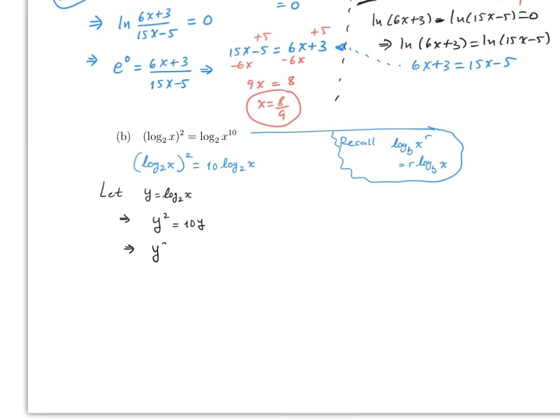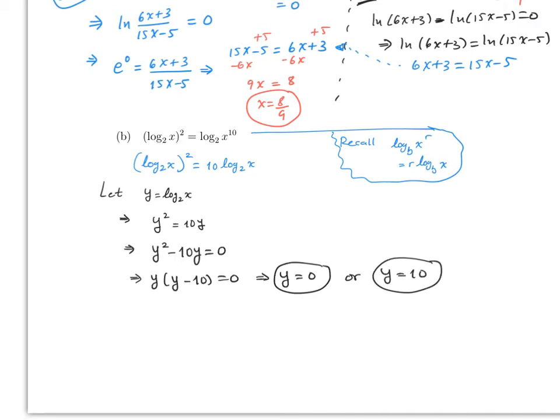So how do you solve this? Just set it equal to 0 and factor. You will have y times y minus 10 equals 0. So the two solutions will be y is equal to 0 or y is equal to 10. But remember, we're trying to find x, not y.